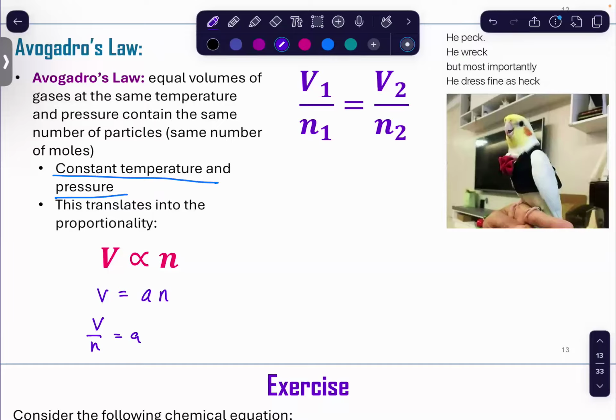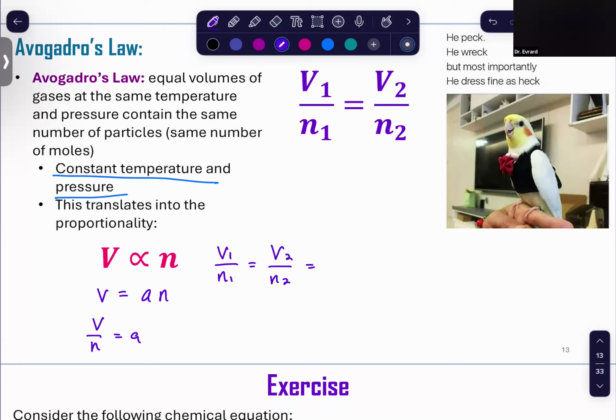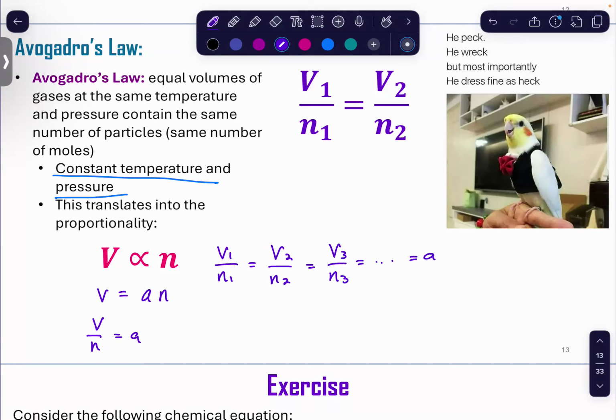And since every iteration of V over N equals this constant A at constant temperature and pressure, that means V1 over N1 equals V2 over N2 equals V3 over N3, so on and so forth, and they all equal the constant A. And that is where we get our expression for Avogadro's law.